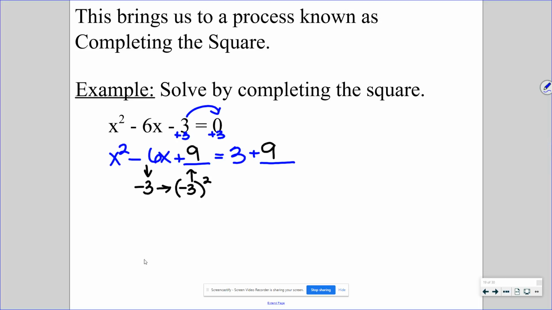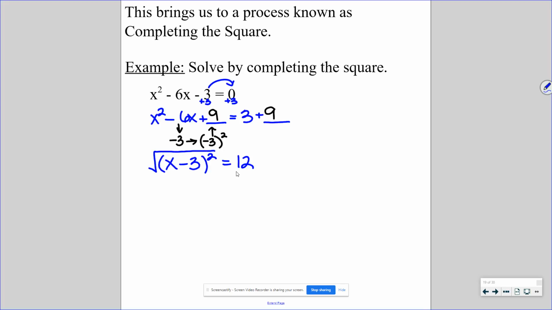Okay. Now, your next step is going to be to factor the trinomial you have just created. So this one would factor to x, and down here is my little clue, which is minus 3 quantity squared. On the right side, I'm going to add 3 and 9.